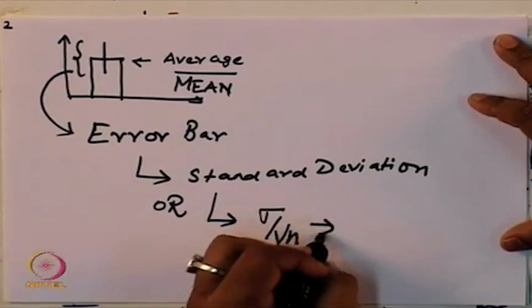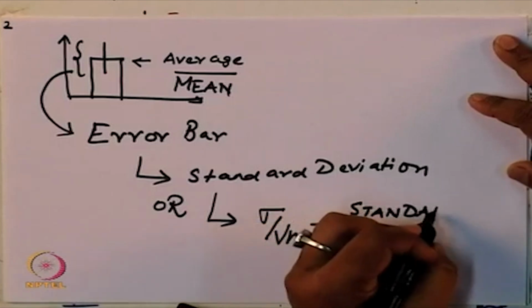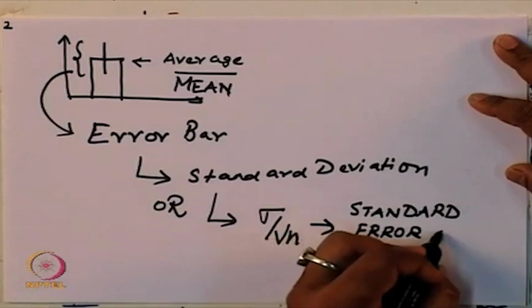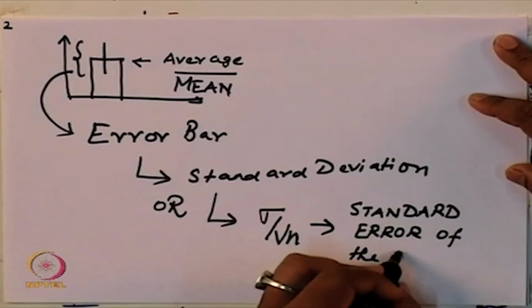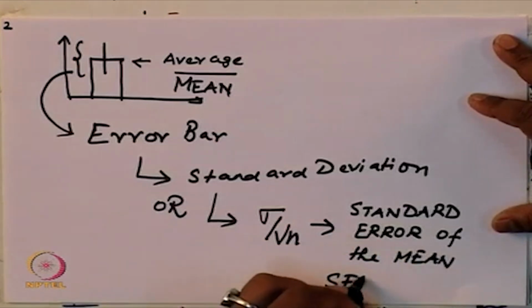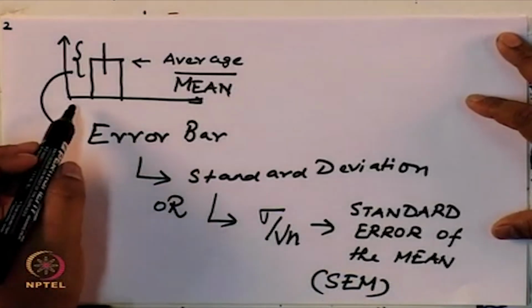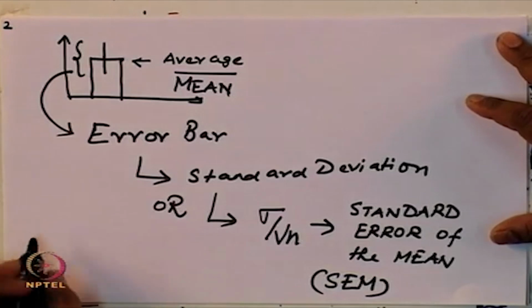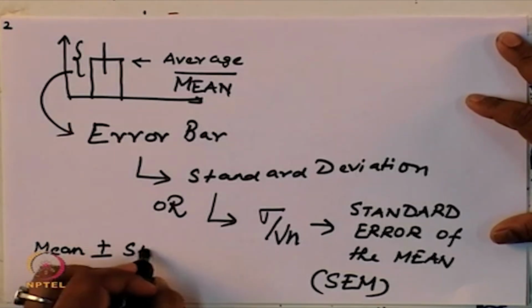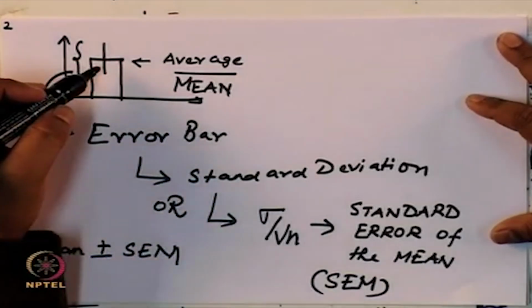This is also called the standard error of the mean, or in short, SEM. In papers or research articles you will see data presented as mean plus minus SEM.